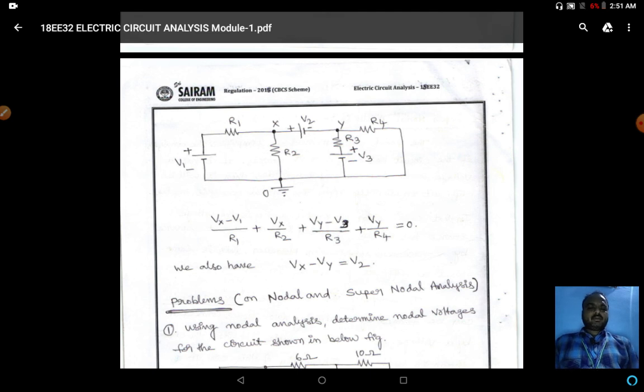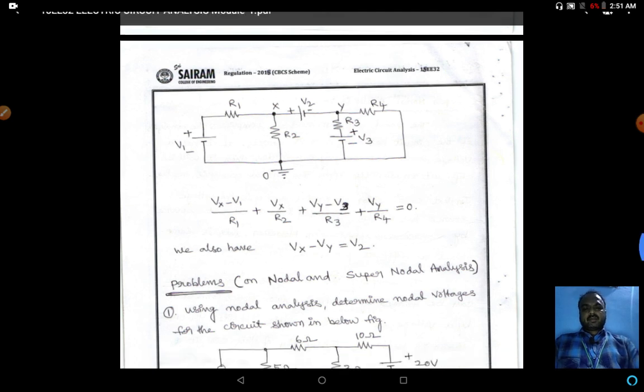So calculate these four currents and apply KCL at node X and find out, right? You can also write Vx minus V2 is equal to V2.